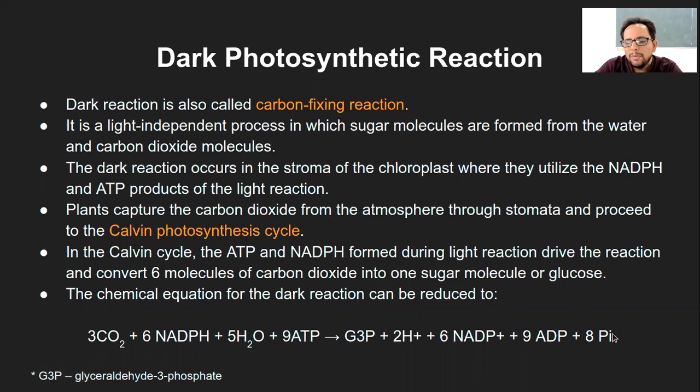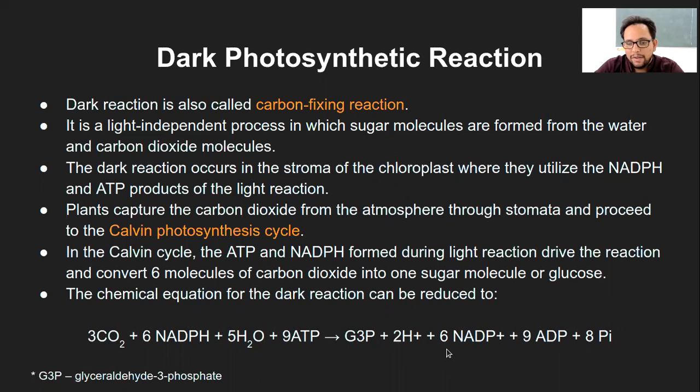So ATP will be broken down to ADP, NADPH will be broken down to NADP, and glyceraldehyde 3-phosphate is formed. Now this is the 3-carbon compound, which is one of the precursors in the glucose formation, right? And from this different molecules are synthesized. Ultimately it will form the glucose. So that is the whole of the reaction in this case.